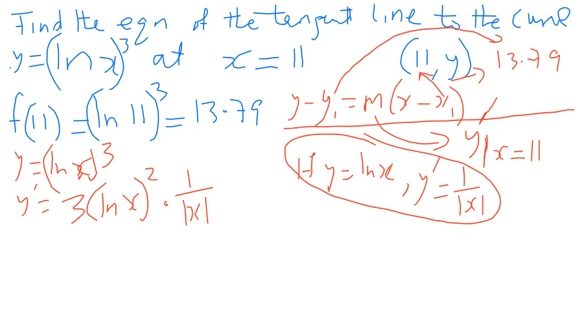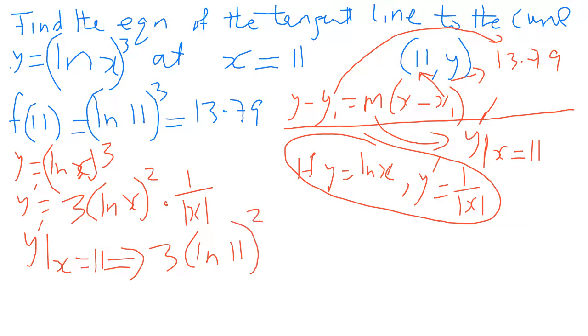I will quickly try to evaluate my derivative at x equal to 11. And this implies that I will rewrite 3 times natural log of x, and x is 11, natural log of 11 all squared, multiplied by 1 over 11.